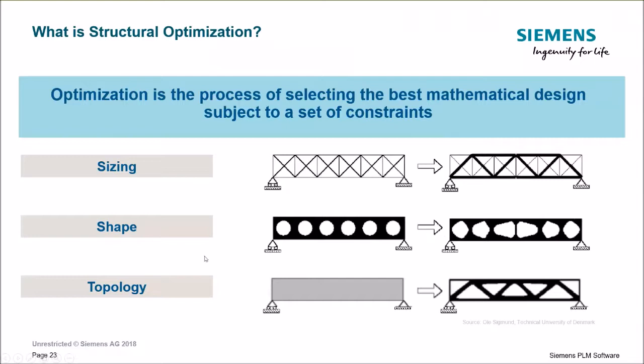And then you have finally the topology optimization, which is also a free-form way of optimization, which is used to create new layout concepts out of a predefined area.